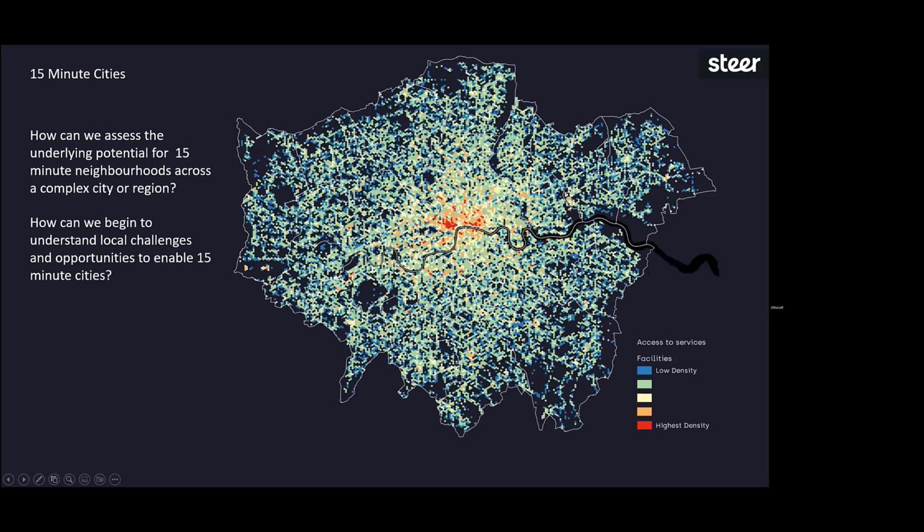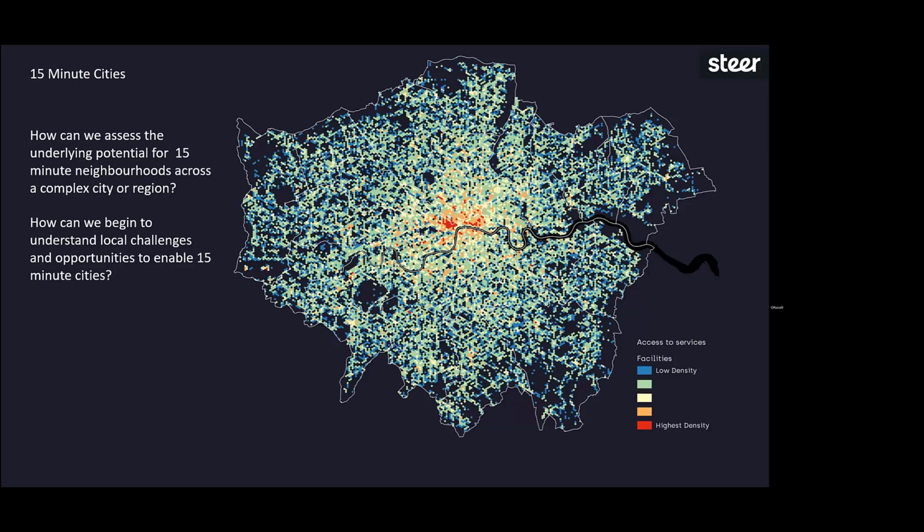So what we did is we mapped all these locations, getting a location for all those services across London and slightly beyond the London boundary, so we could assess access to services that just cross over the boundary of London. And we built an active travel network for the entirety of London to calculate walk times to the nearest service that we are assessing.